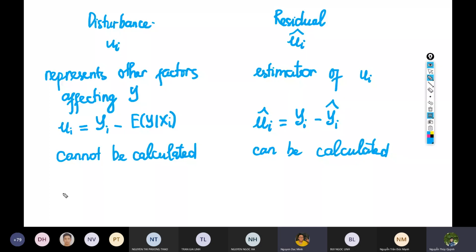Okay, the x variables, the independent variables, are non-stochastic, or we can say that they are fixed variables. And then we will not have correlation between the disturbance u i and the independent variables. There is no correlation between them.